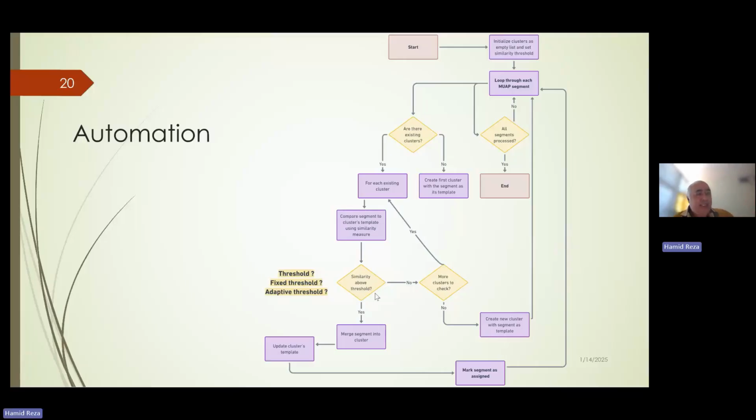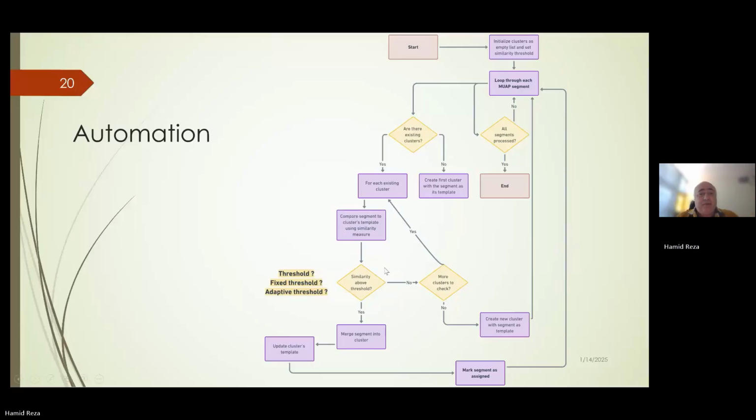Unit number 3 is the closest one, but is the similarity over the threshold? If it is over the threshold, we assign it. Otherwise, we don't assign it. There has been a lot of work in the literature talking about this. That's why they propose fuzzy based clustering or other kinds of clustering to consider all of these things that are not completely fixed.